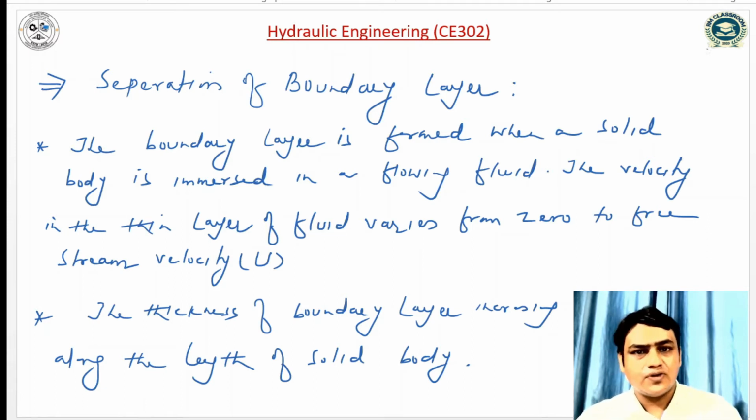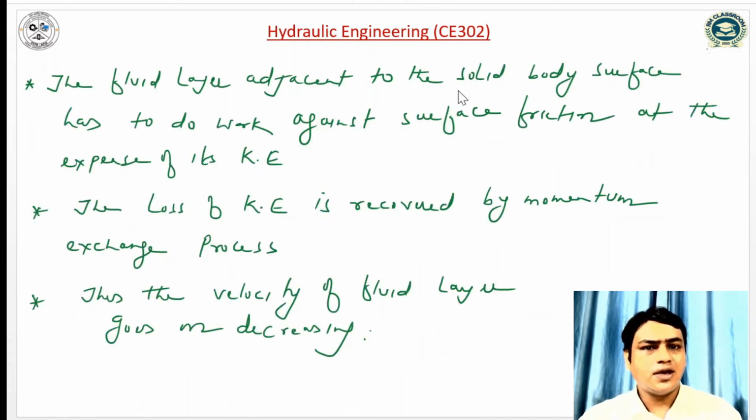The boundary layer is formed when a solid body is immersed in a flowing fluid, and the velocity in the thin layer of fluid varies from 0 to free stream velocity. As we know, the thickness of the boundary layer increases along the length of the solid body, and the fluid layer adjacent to the solid body surface has to do work against surface friction at the expense of its kinetic energy. The loss of kinetic energy is recovered by the momentum exchange process.